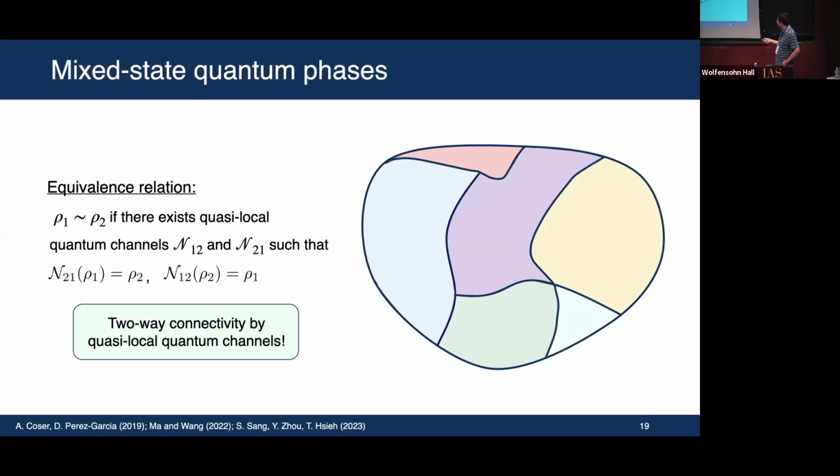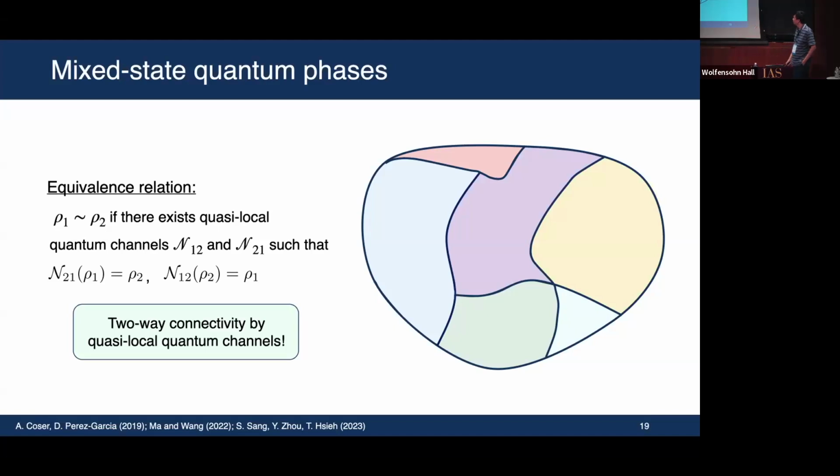So here, the equivalence relation is basically given in terms of the connectivity by quasi-local quantum channel. So two states, rho 1 and rho 2, two mixed states, belong to the same phase if we can find, and here's an important difference, two channels, N12 and N21, such that N12 takes 2 to 1, and N21 takes 1 to 2.